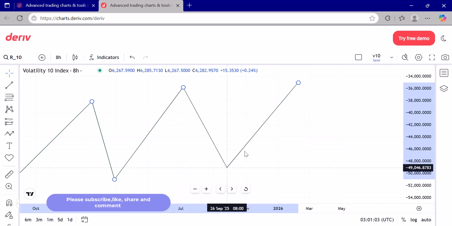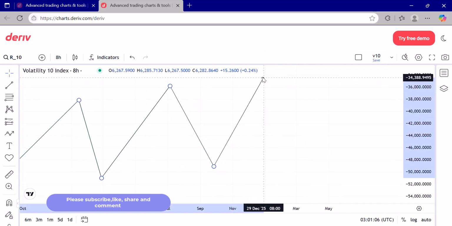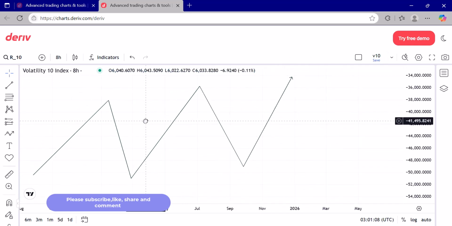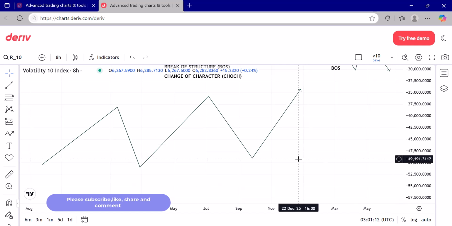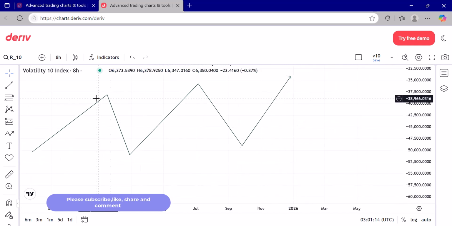But we know that the market does not behave like this exactly. So in a real chart, we are not going to see something like this. What we are going to see, for example, if it's a bullish market, is something like this.